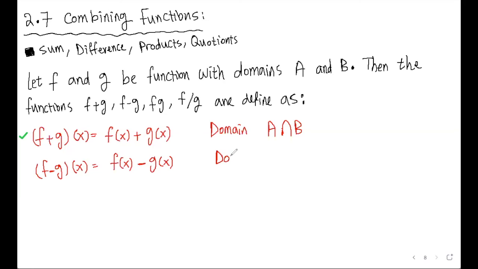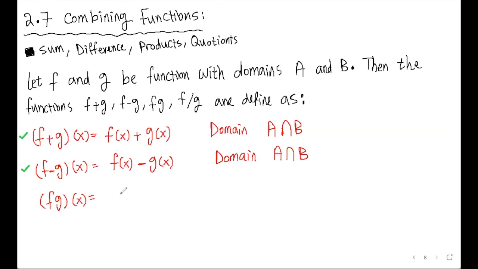The domain again is the intersection between both domains, A intersect B. Now f times g of x, what is that equal?